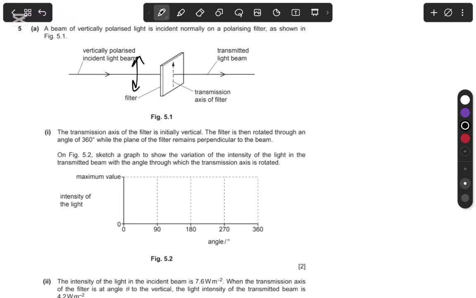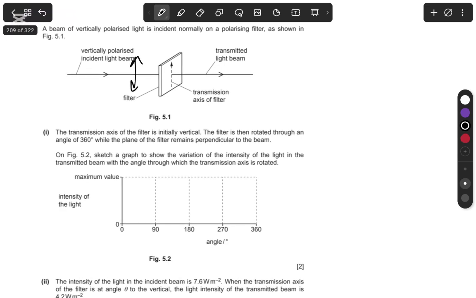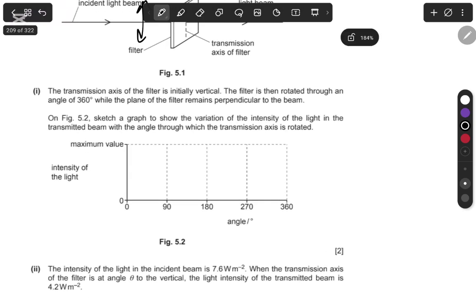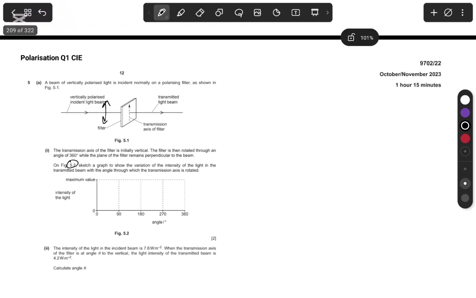The filter is then rotated through an angle of 360 degrees while the plane of the filter remains perpendicular to the beam. And then it says in figure 5.2, sketch a graph to show the variation of the intensity of light in the transmitted beam with the angle through which the transmission axis is rotated.